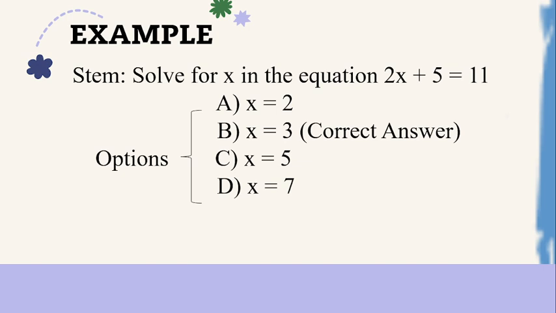We have a stem, or the problem, or the question: Solve for x in the equation 2x plus 5 equals 11. Our options here are A, B, C, and D. Notice that we have only one correct answer. So that is the traditional multiple choice.